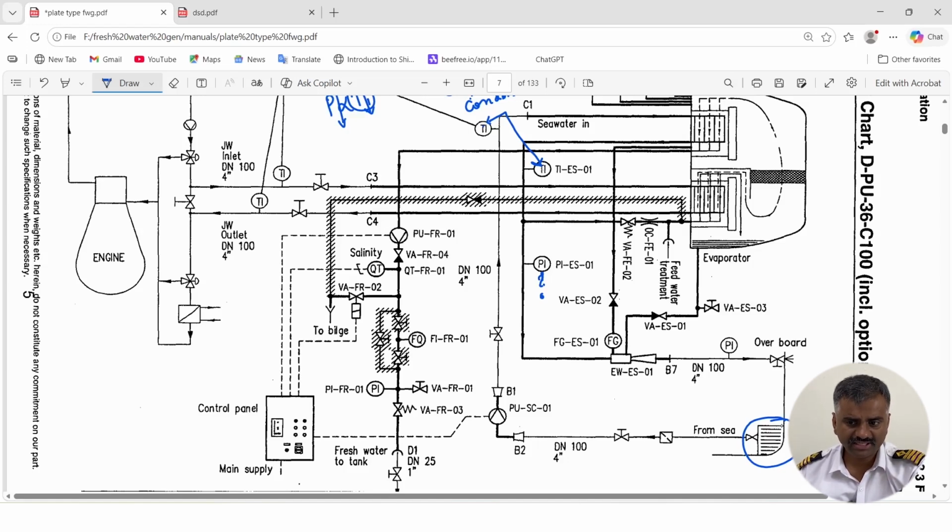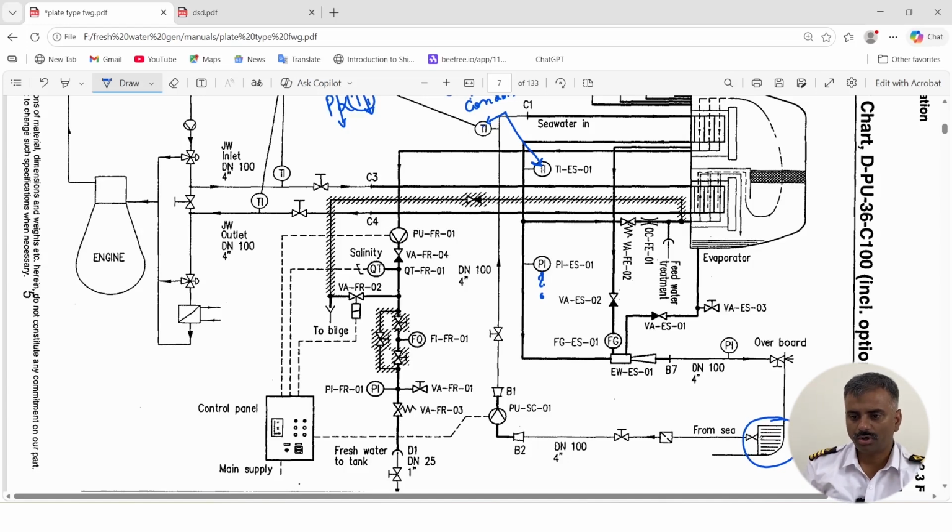So generally at the lowest section of the vessel, it will have a connection from the sea chest. Sometimes you might change over from the low sea chest to the high sea chest, so you will close the valve. So the ejector pump will have a separate chest connected to the low sea chest section, so that even if you are using the high sea chest, your ejector pump is continuously taking suction.